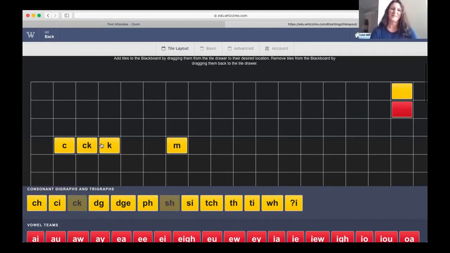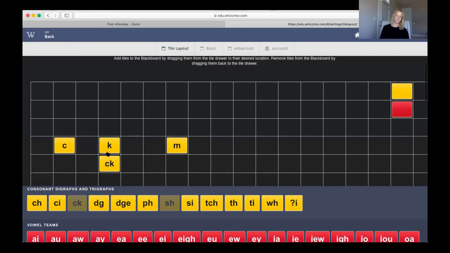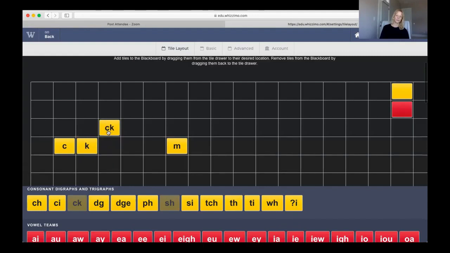Yes. There you go. All right. Now, which K did we learn first in our scope and sequence? C. Okay. And which one was second? K. And then third? CK. Okay. So why don't you just switch around the CK and the K? Perfect.